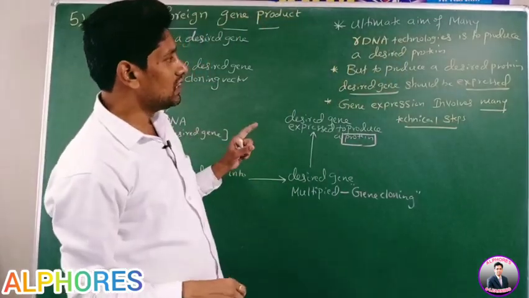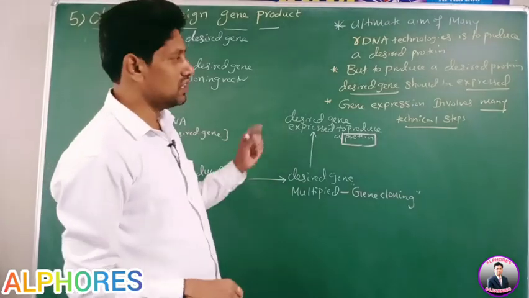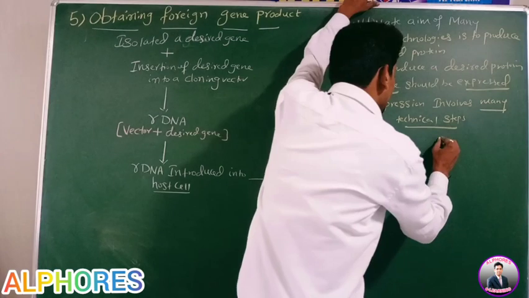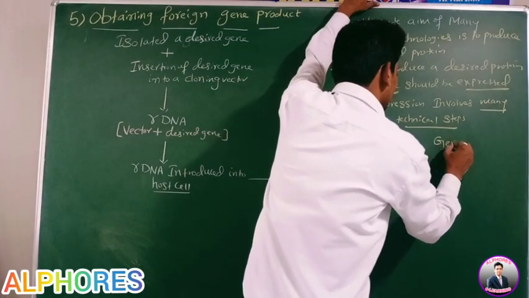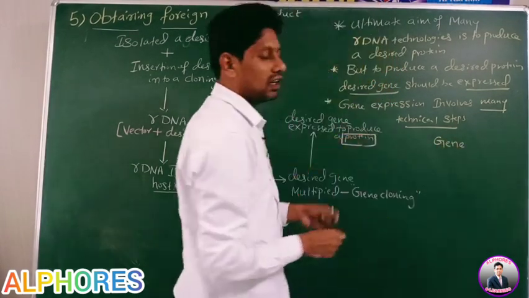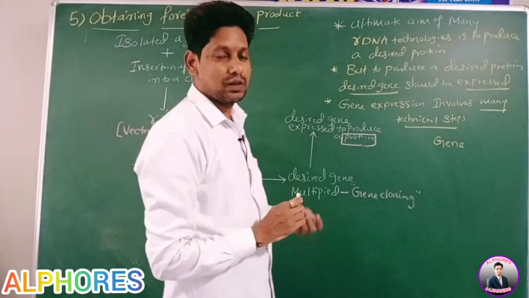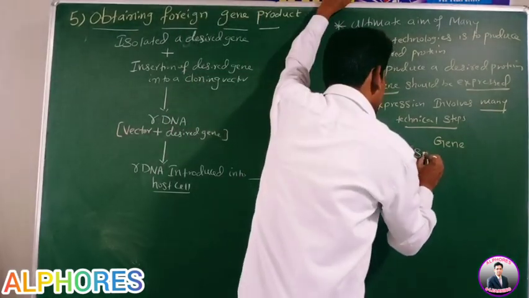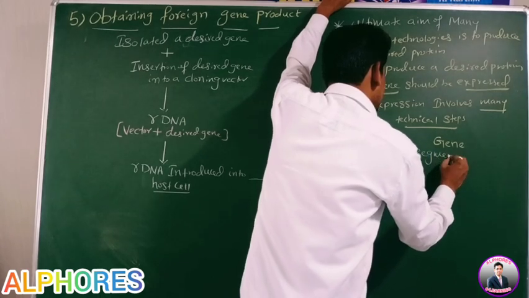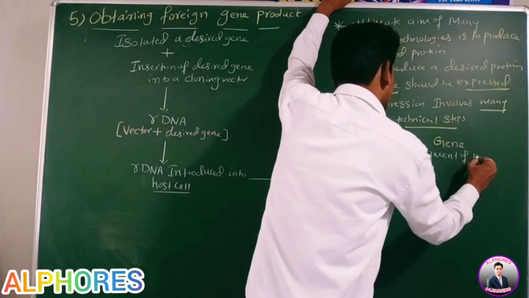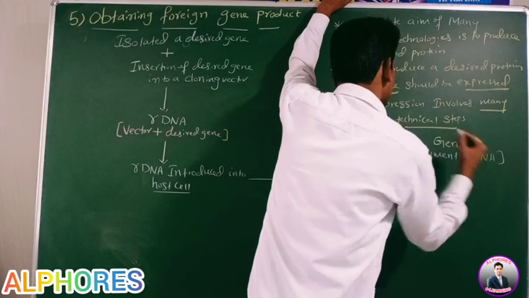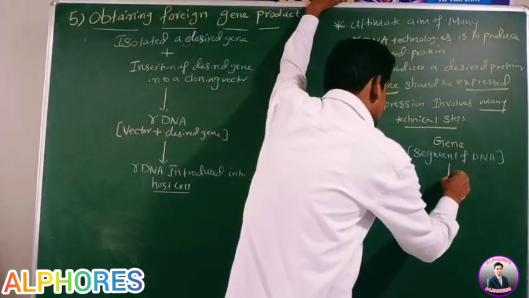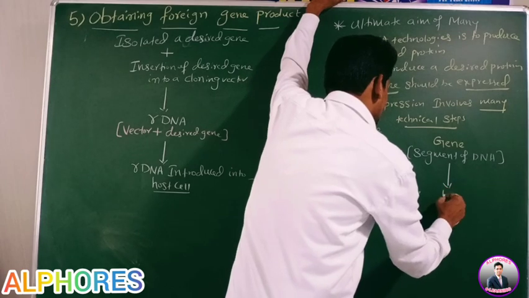Now, sir, what is the meaning of gene expression? Sir, what is the meaning of a gene? Generally, gene means it is a segment of DNA. First this gene produces what, sir?